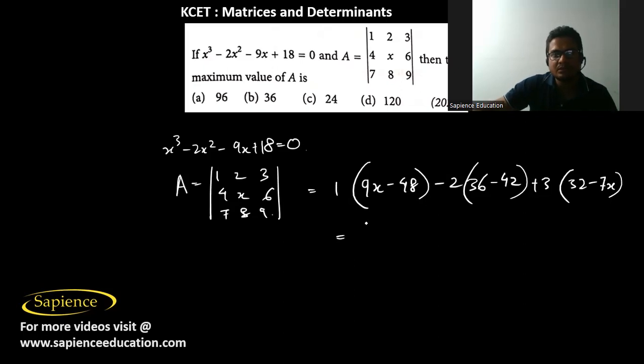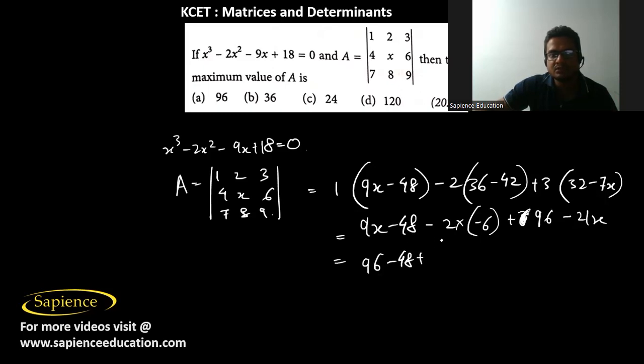So that will be equal to 9x minus 48, minus 2 into minus 6, then plus 3 into (32 minus 7x), so that is 96 minus 21x. So this will be 96 minus 48 plus 12, then plus 9x minus 21x, which is minus 12x.